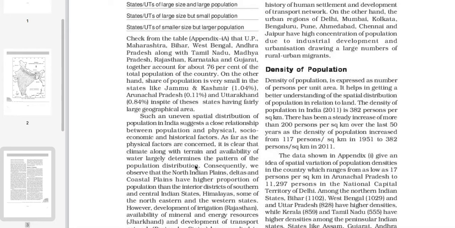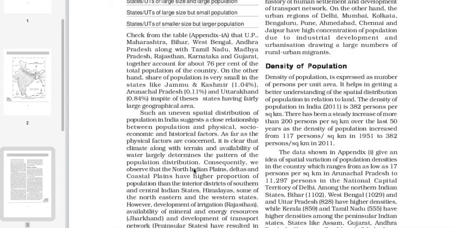Means a leveled land, fertile land, proper availability of water, and pleasant climate conditions attract more population. So people prefer to live in those areas where the climate is good, the land is leveled, and there is proper availability of water.